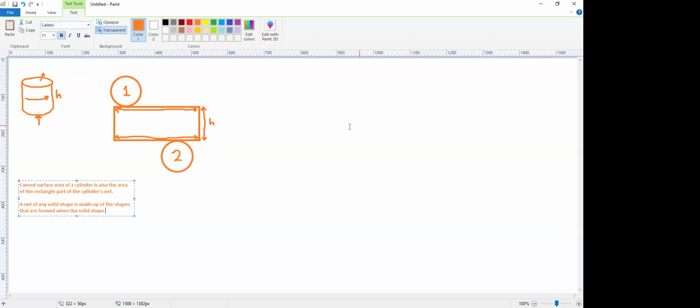When the solid shape is torn apart or flat.